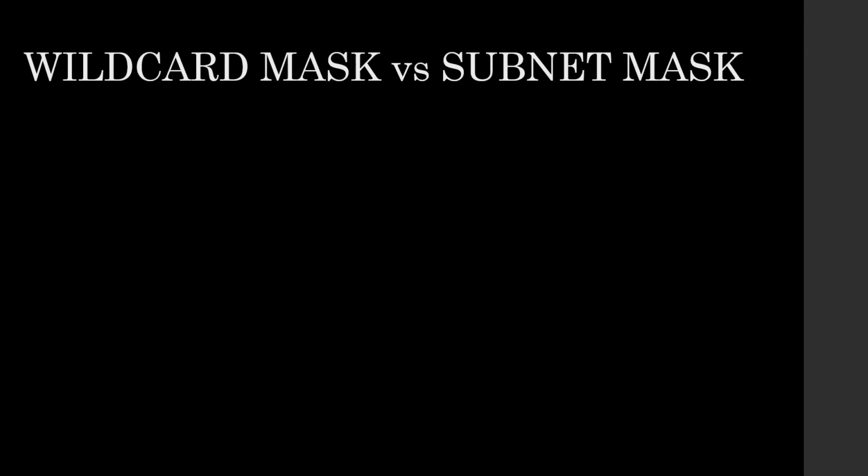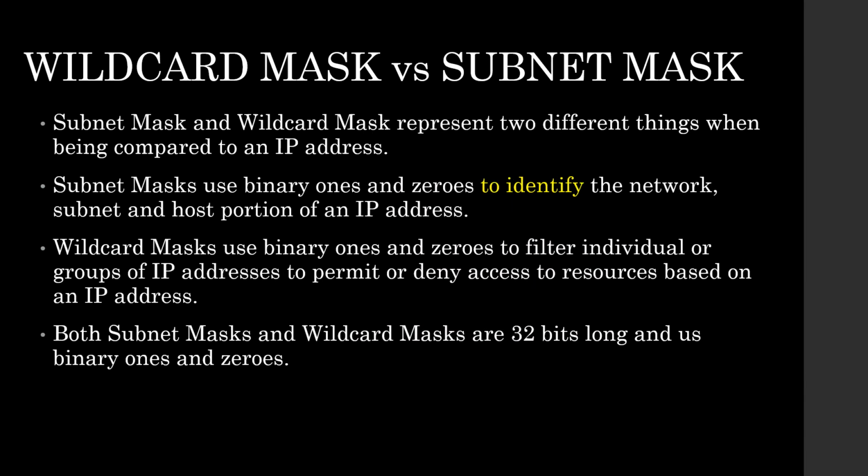So what is the difference between a wildcard mask and a subnet mask? The difference is that the subnet mask and wildcard mask represent two different things when being compared to an IP address.